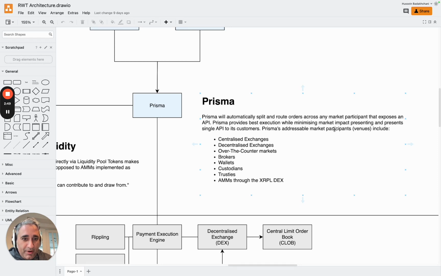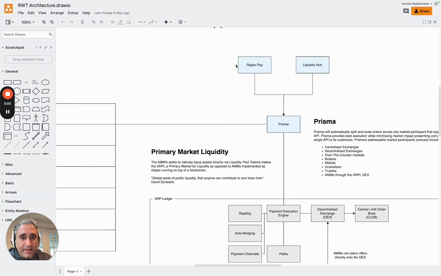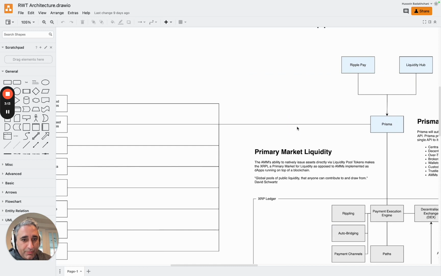Prisma's addressable market participants and venues include centralized exchanges, decentralized exchanges, over-the-counter markets, brokers, wallets, custodians, trustees, and AMMs through the XRPL DEX, decentralized exchange. So essentially, when these two pieces of Ripple software are trying to source liquidity, it's Prisma that's doing that for them, and it's getting that liquidity from two sources.